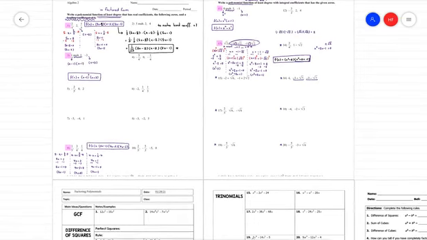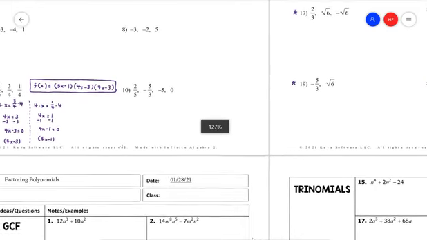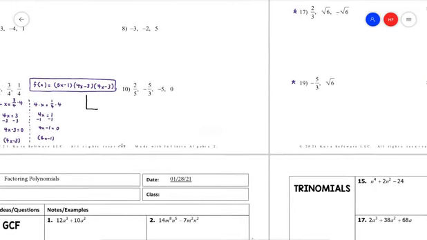So like on number 9, let's look at that one really quickly. If I wanted to make this lead coefficient 1, I need to get rid of that 5. I need to get rid of that 4. I rewrote the same thing again that I did on the first one. And I need to get rid of that 4. So I need to multiply this first one by 1/5, this one by 1/4, and this one by 1/4.